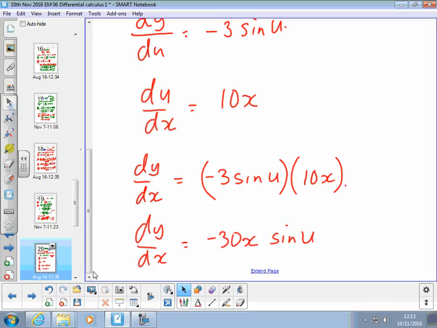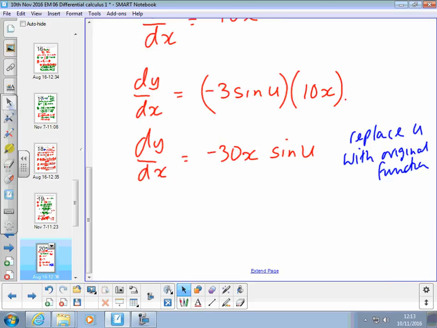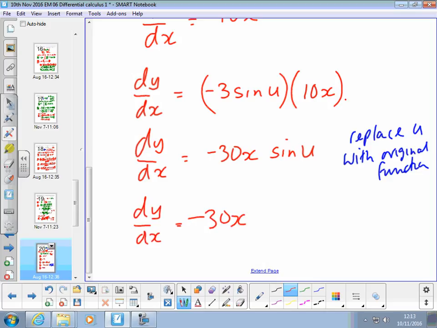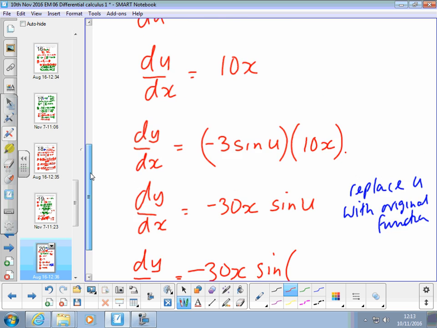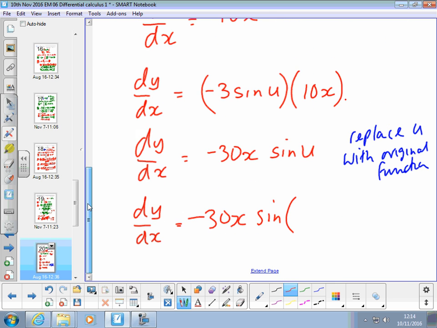What we then do is replace u with the original function, what it was equal to. So the final answer is that dy by dx is equal to minus 30x sine of whatever we called u in the first place, which was 5x squared plus 2.